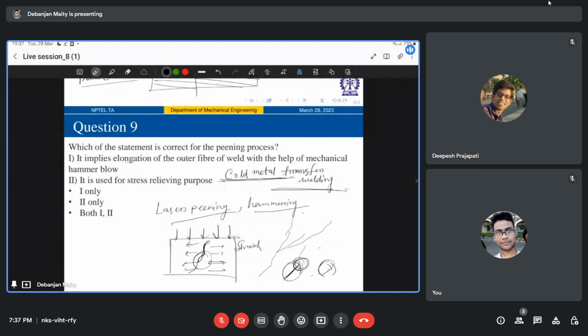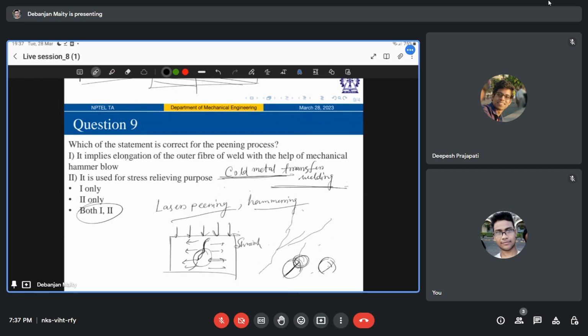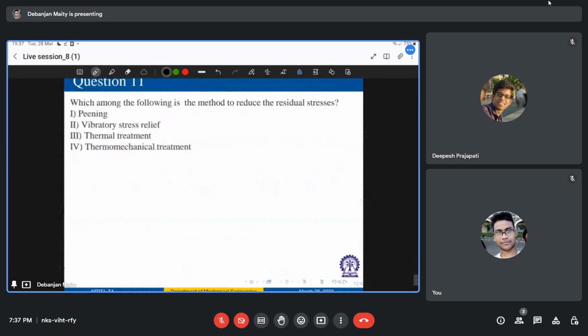So the peening process is always helpful to suppress crack propagation, and it is also used for stress relieving purposes. So both one and two are true for this question. Any question? No, sir.